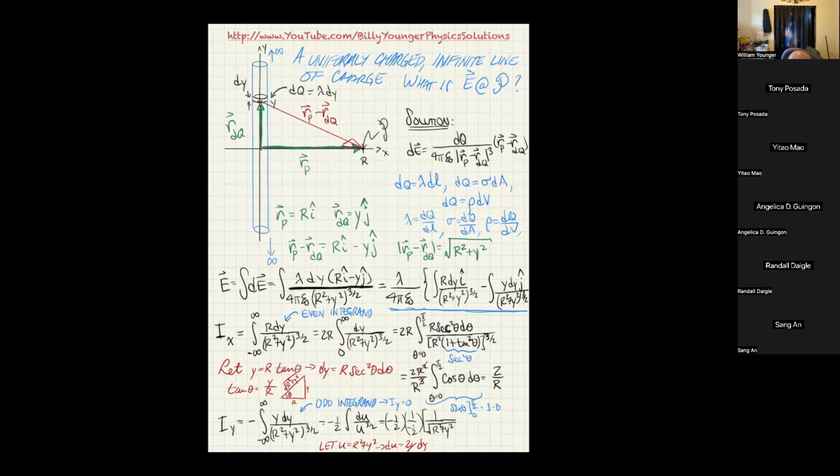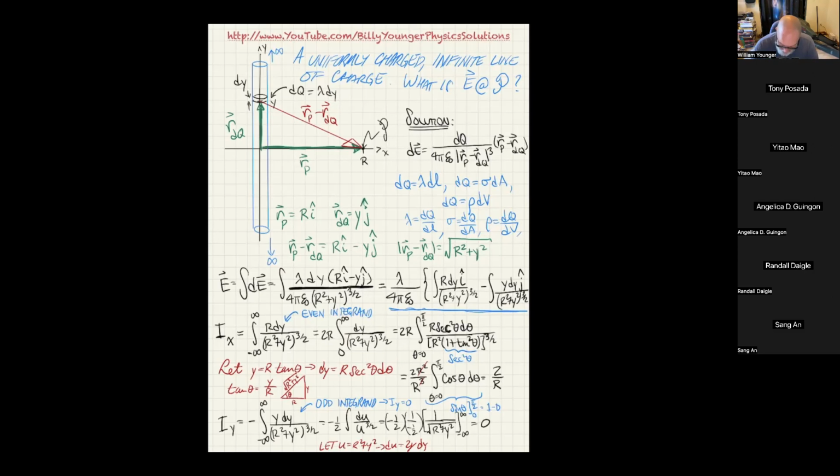And I'm going to evaluate that from negative infinity to positive infinity, which you can see is going to give you the same answer in both cases, because taking the limit as y approaches negative infinity still gives you 0. And then when you take the limit of the square root of r squared plus y squared in the denominator as y approaches positive infinity, you get the exact same thing again. So the result is actually 0.